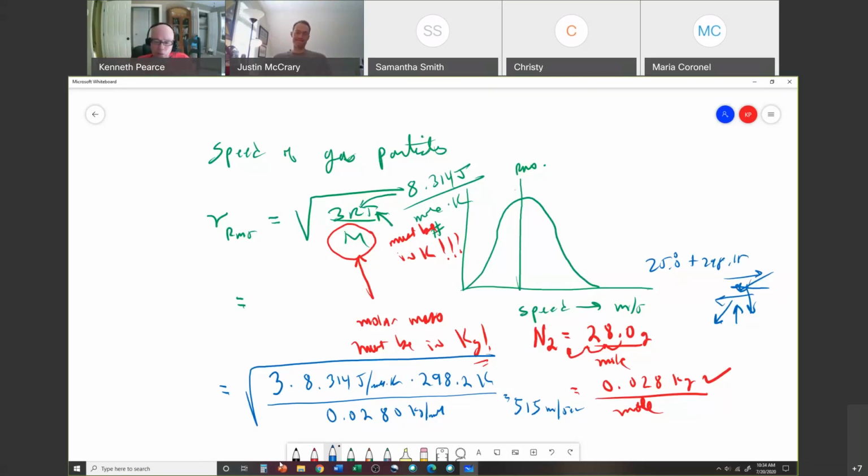Now, what can we learn from this equation? Here's the thing. The only thing that's important about this equation is how the velocity is affected by the mass of the particle.